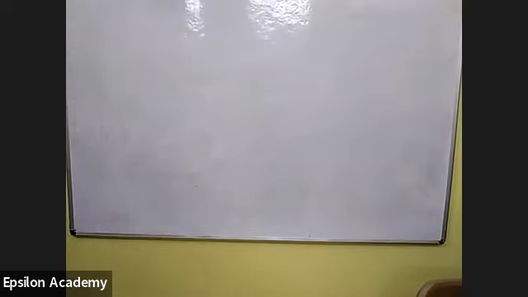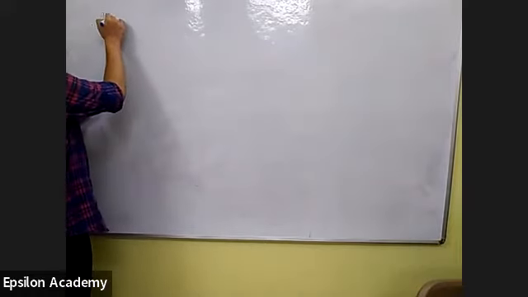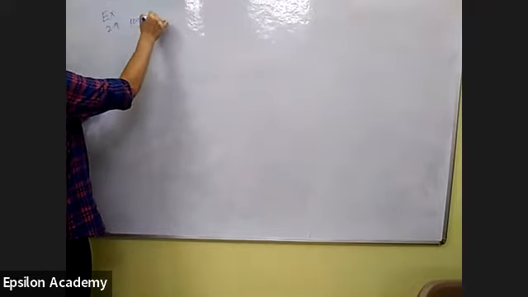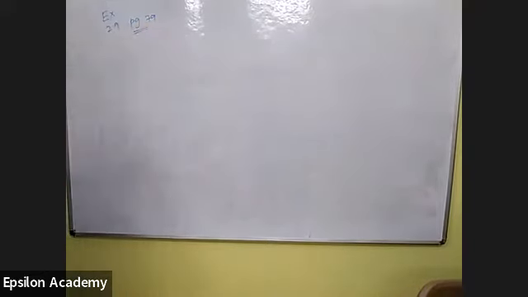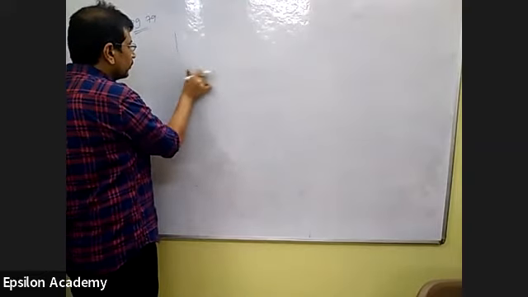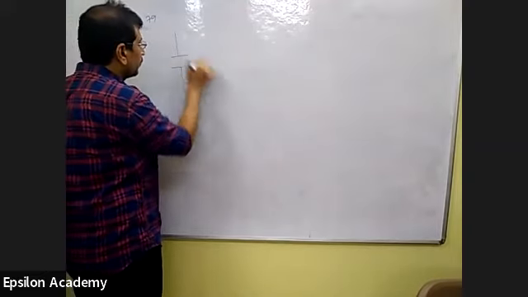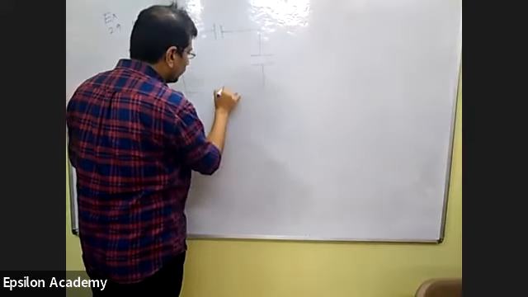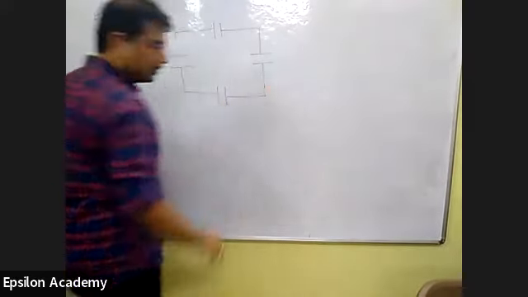Example 2.9, page 79. Okay. So there are 4 capacitors given. So how are those capacitors connected?